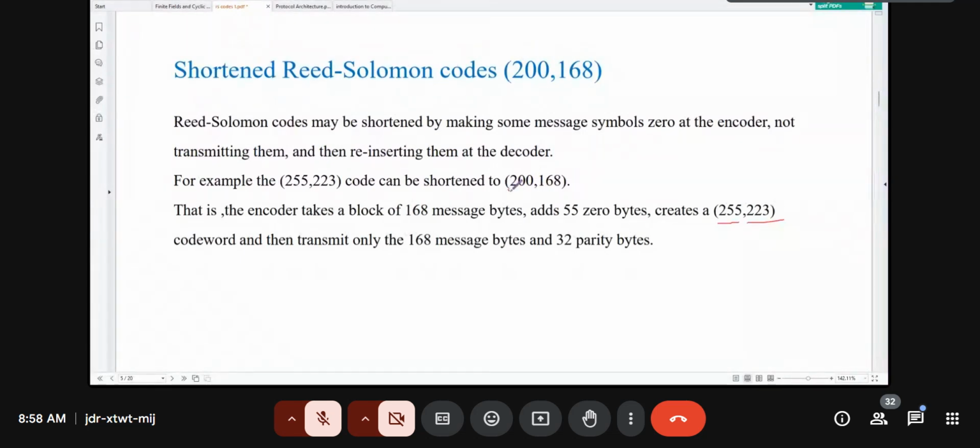What you're transmitting is just this, and then at the receiver, you add your zeros back. It's a way of preserving the channel. I mean, carrying fewer bits, or rather increasing efficiency. So that is normally called the shortened Reed-Solomon code, the 200 by 168. It has the advantage that it increases the efficiency. You're carrying fewer bits and enjoying the same error correcting capabilities.